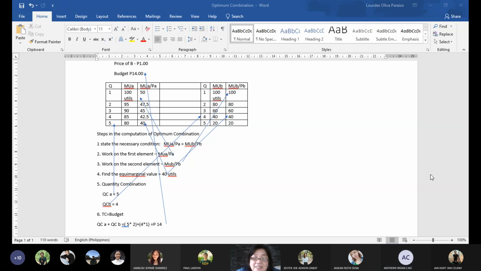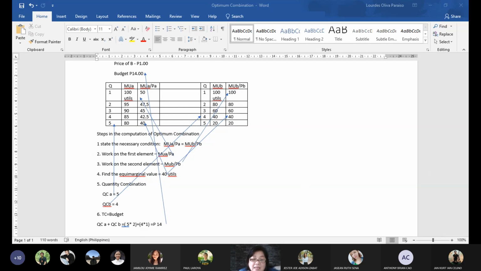What? How much is the cost of good A if you have an equimarginal value of 40? What is the cost of good A? 80, ma'am. Ha? 80. If you say 80, that is your marginal utility. Diba? But when I say cost of good A, you have to look at your quantity times the price where the equimarginal value is present.